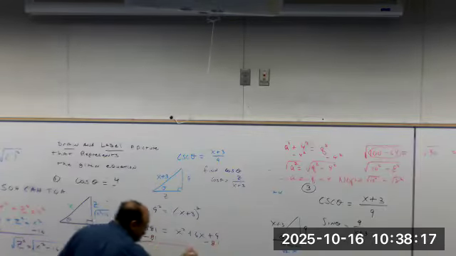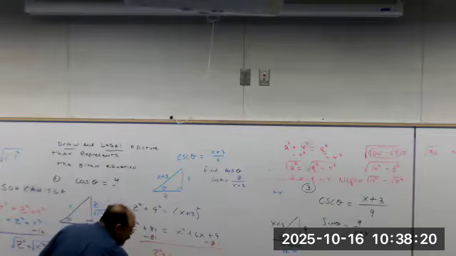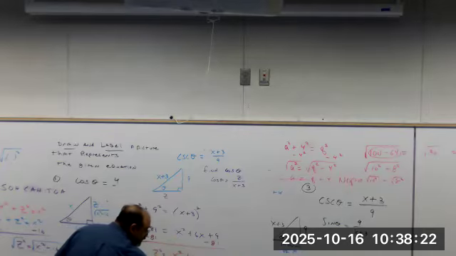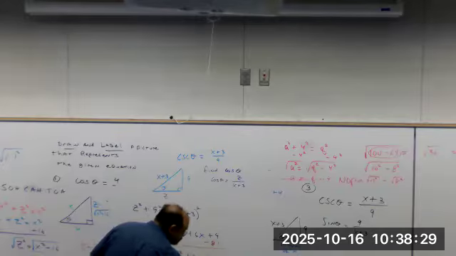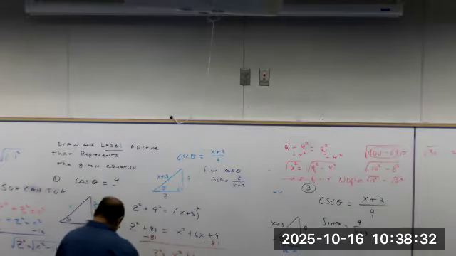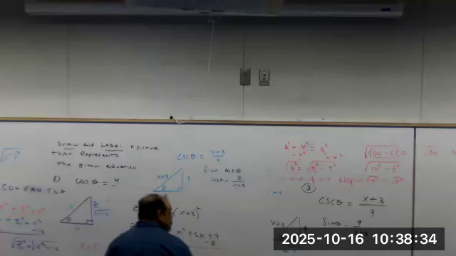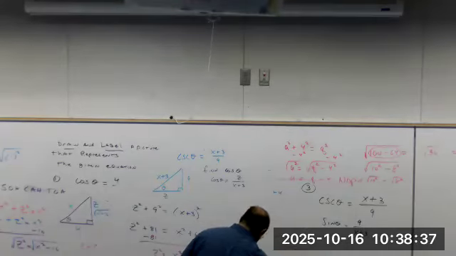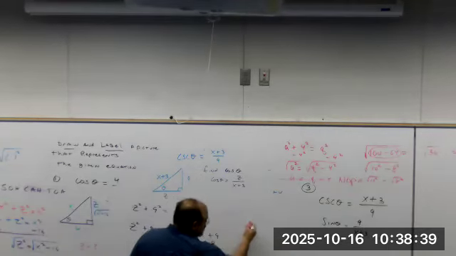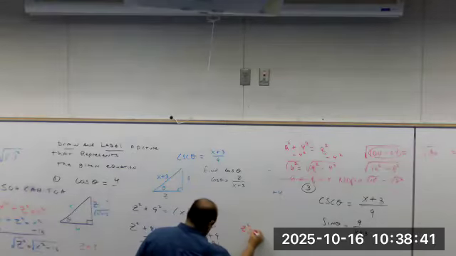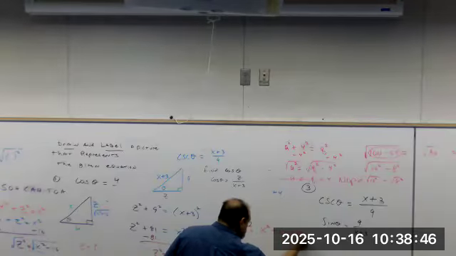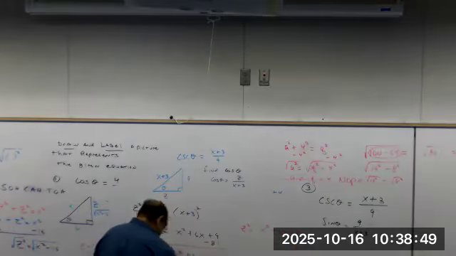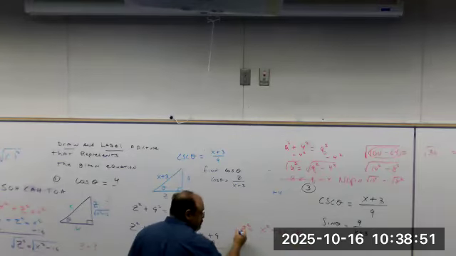And we get z squared equal to x squared plus 6x. 9 minus 81 is negative 72. Now take the square root.